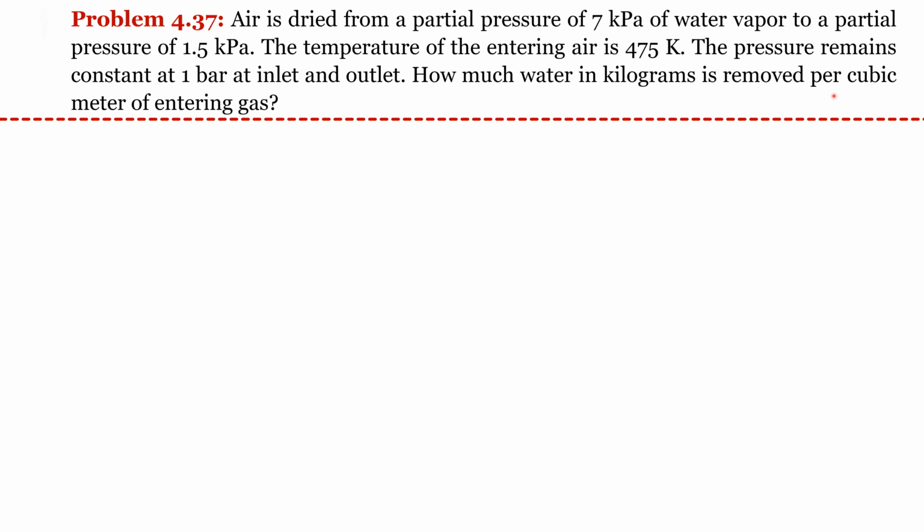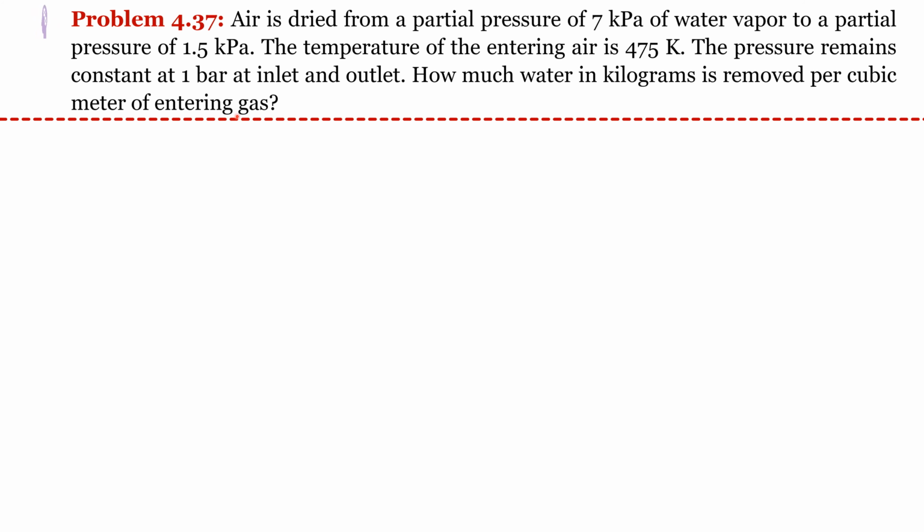So we can assume 1 cubic meter of gas is entering the dryer. Then we can do our calculation. Volume of entering gas will be known, total pressure is given, that is 1 bar, and entering temperature is given. So using the ideal gas equation, we can estimate the total moles of entering gas.